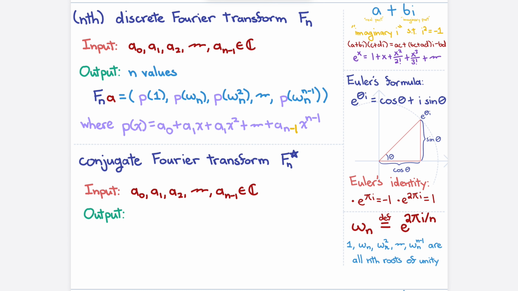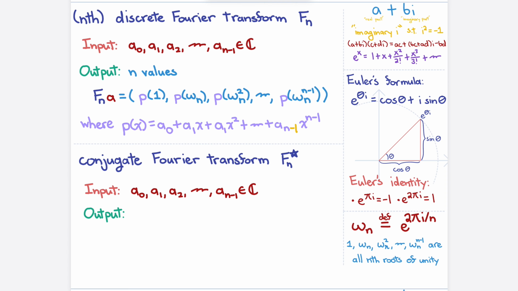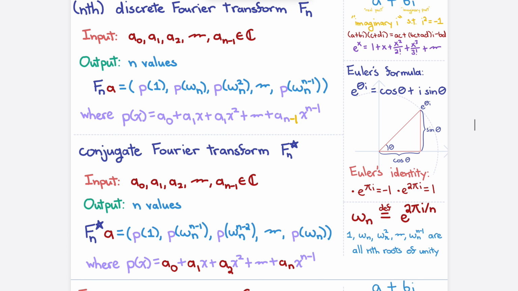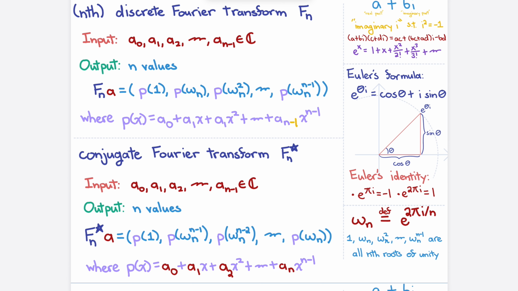Okay, so in addition to the Fourier transform, there's a conjugate Fourier transform. Okay, and it's very similar. It has the same input. It takes some n numbers. We think of that as a polynomial, and the output is almost identical. Okay, it's going to be n values, and you're going to evaluate all the roots of unity.